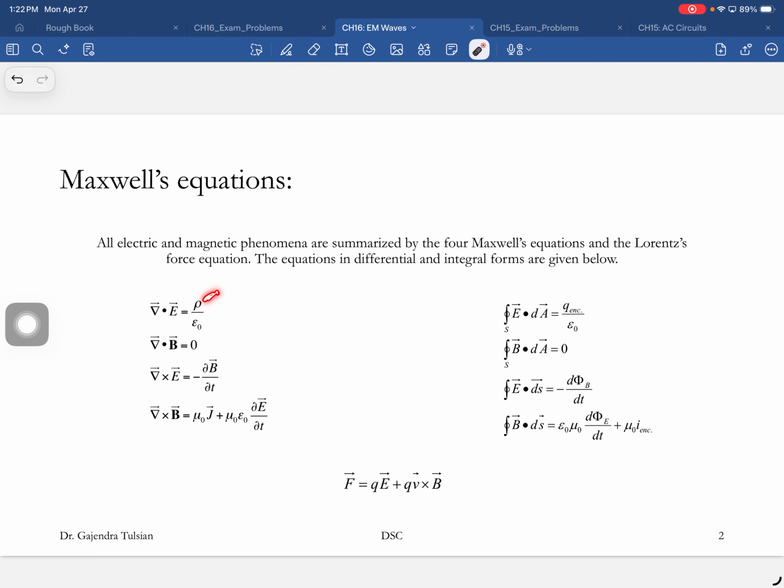What kind of electric and magnetic fields exist, can exist in vacuum.